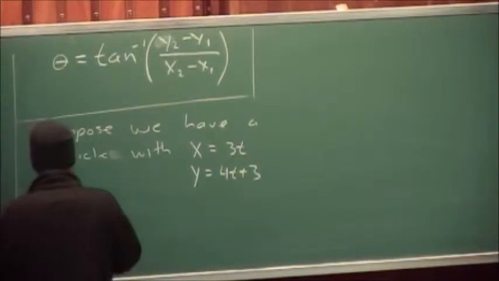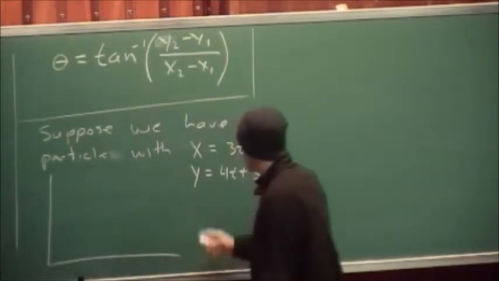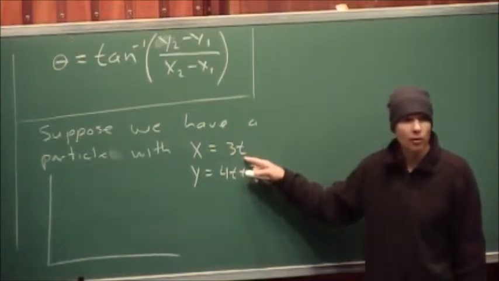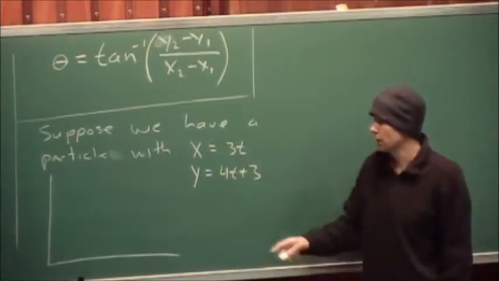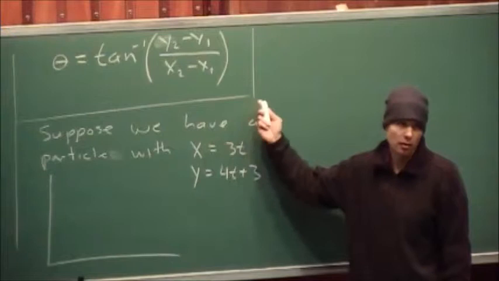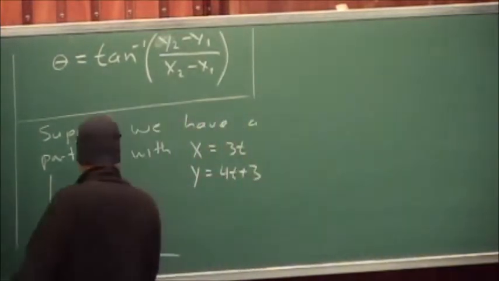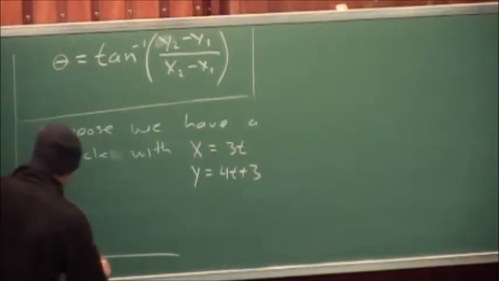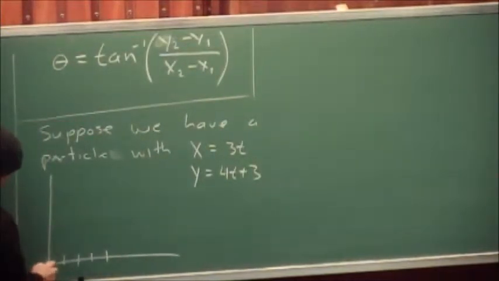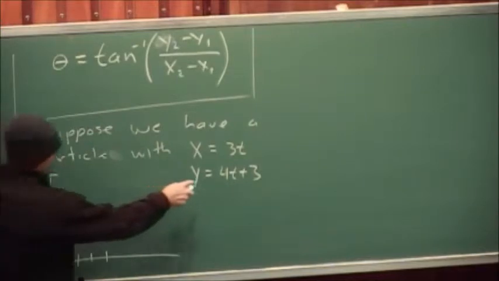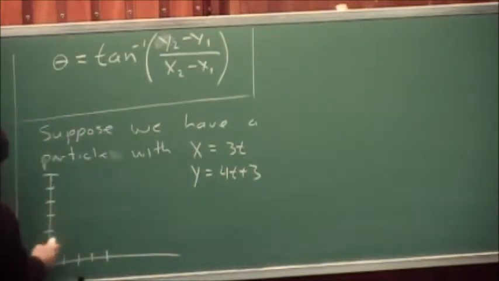So if I were to draw that out, at time t equals 0, what is this going to look like? x will be equal to 0, and y will be equal to 3. At time 0, we can see y is equal to 3, and x is equal to 0.